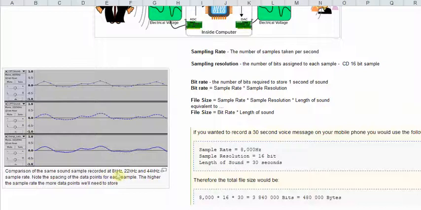We have one at 8 kilohertz or 8000 hertz, one at 22 kilohertz, and one at 44 kilohertz. You can see that the higher the sample rate, the more data points we have per second, so it more evenly follows the continuous signal. So you get a high quality sound. However, you'll also have a larger file size.